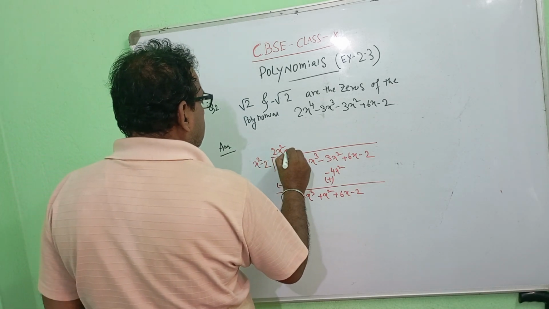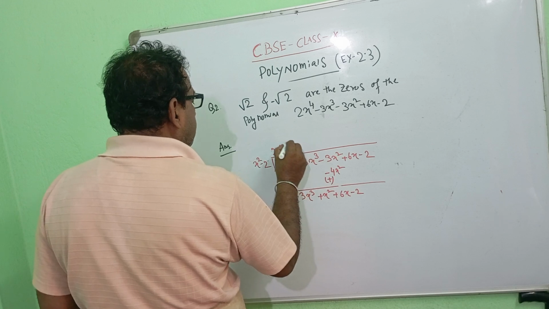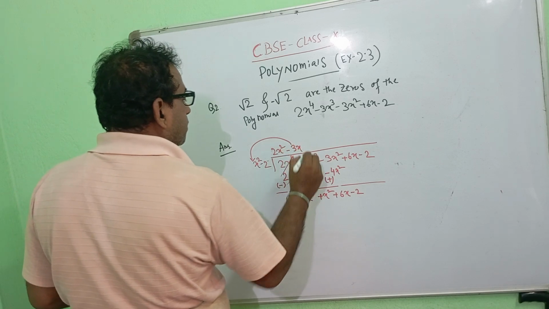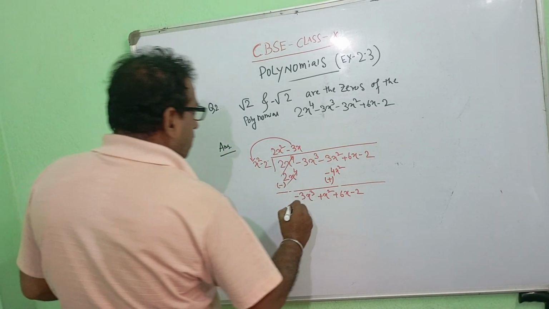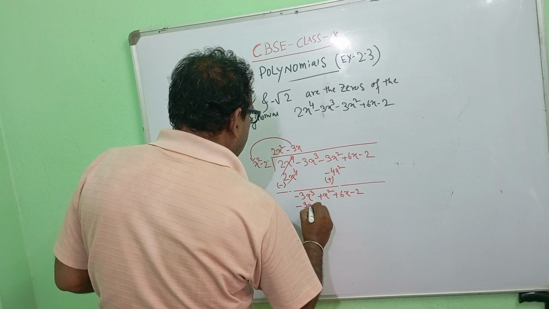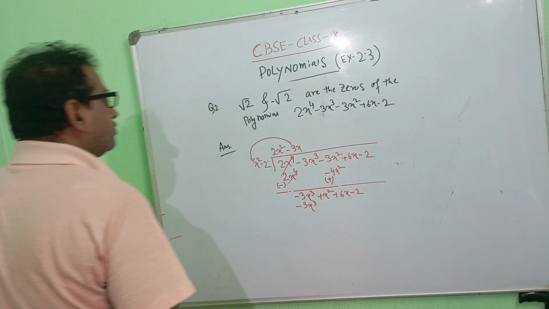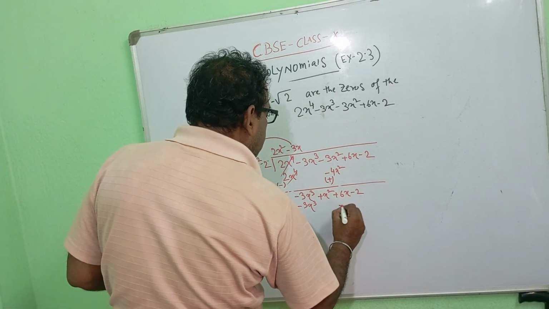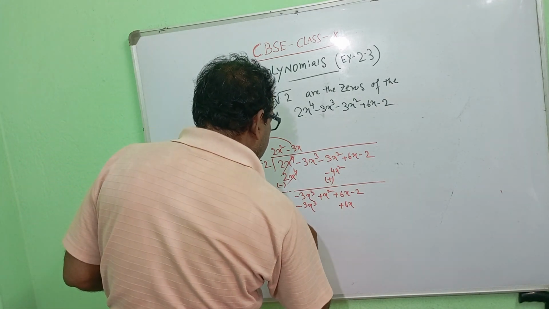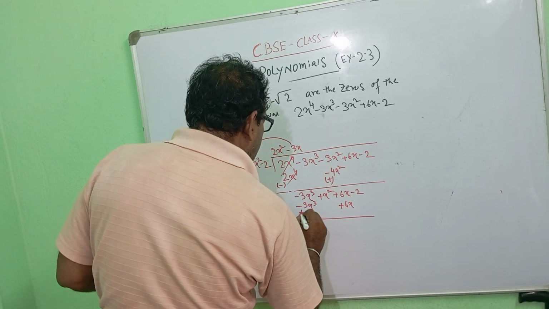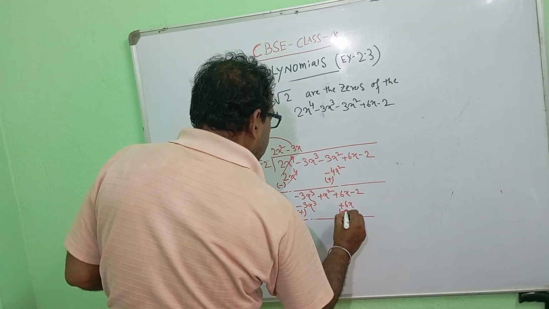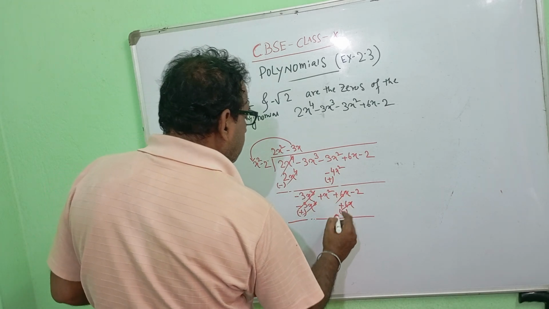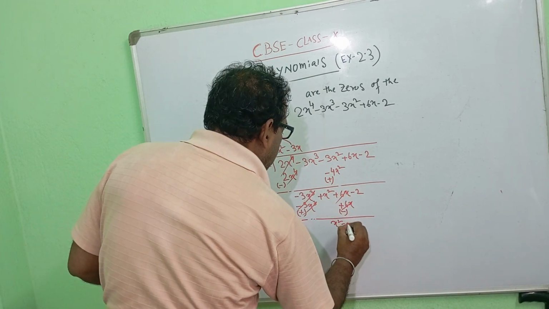Now this one, minus 3 then x, that is minus 3x cube, plus 6x. This minus changes. These are cancelled. That is x square minus 2.